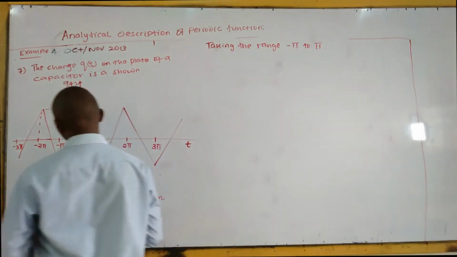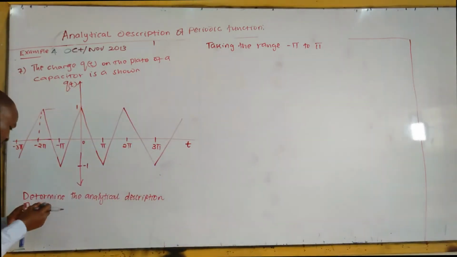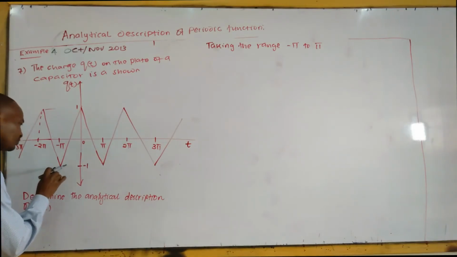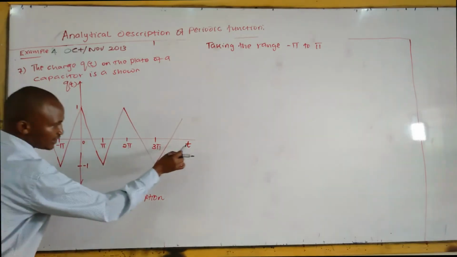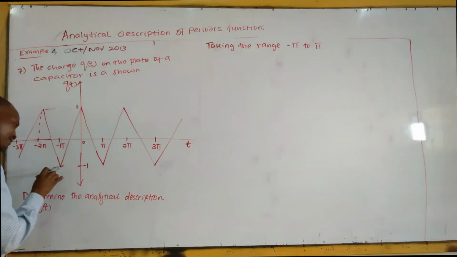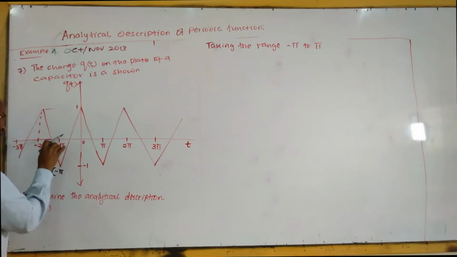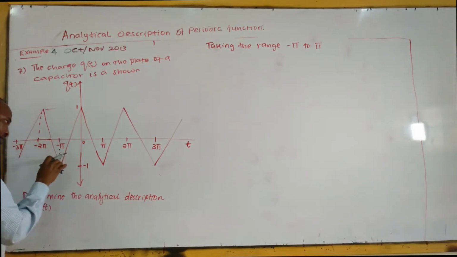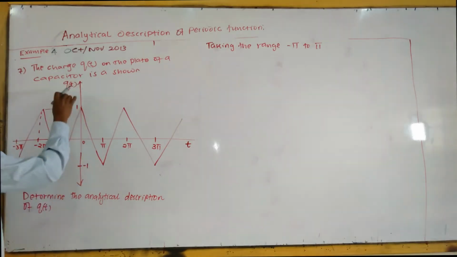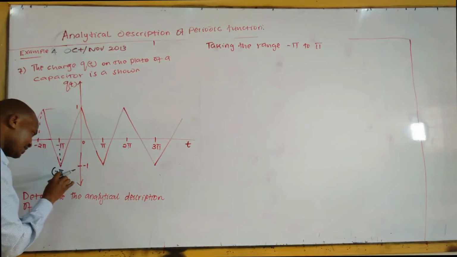Now, this point is here. The value of the independent axis is negative pi. Here, the value of the dependent axis, or Q of t, is negative 1.